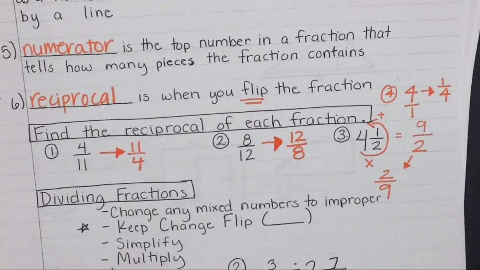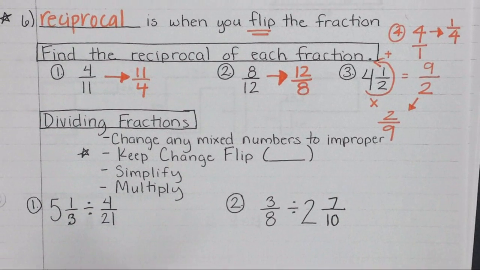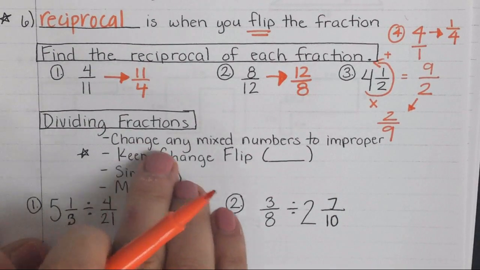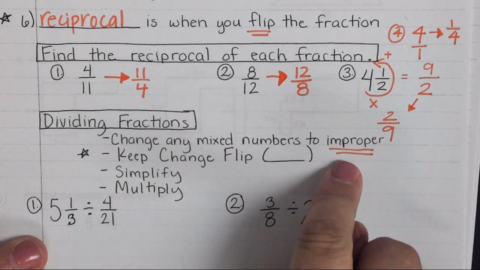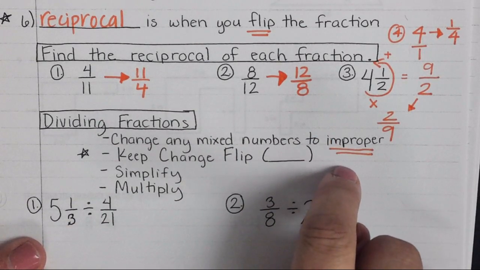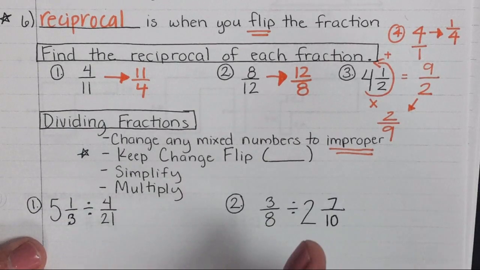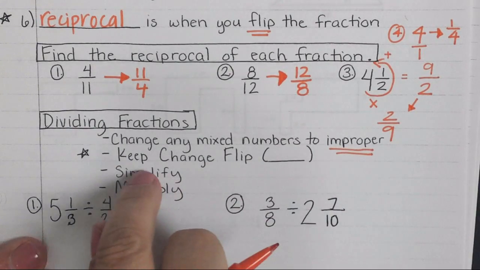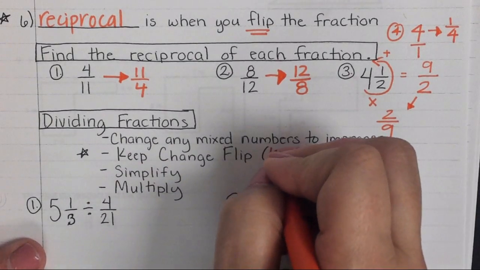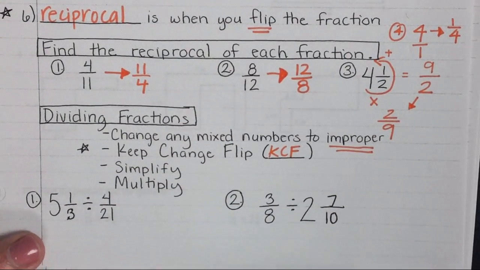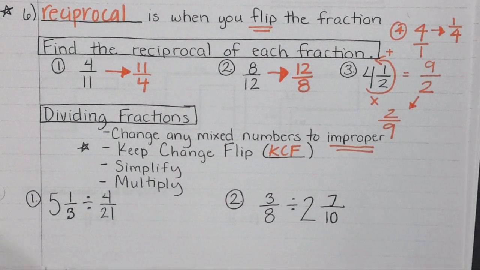So, let's now talk about what happens when we actually divide fractions. We're going to change any mixed number to improper fractions. Number 1, you can't do anything, bless you, until you change them to improper. Then we're going to use, as the song just said, keep, change, flip. You can abbreviate that KCF. It is not KFC.